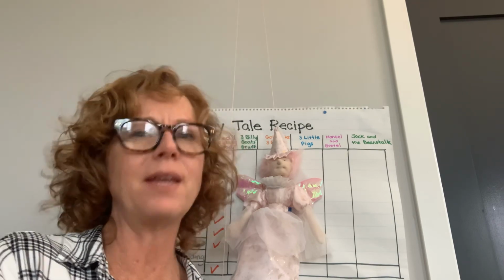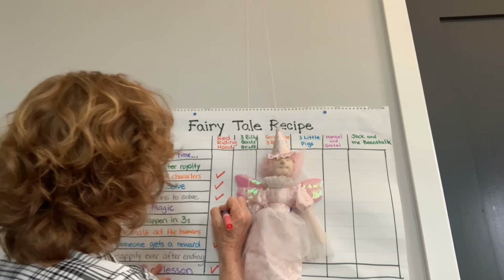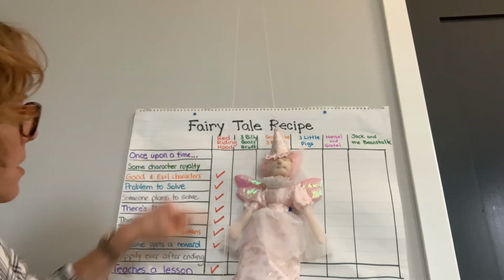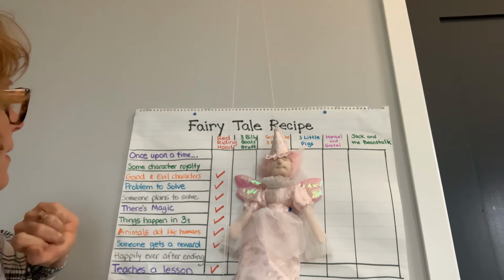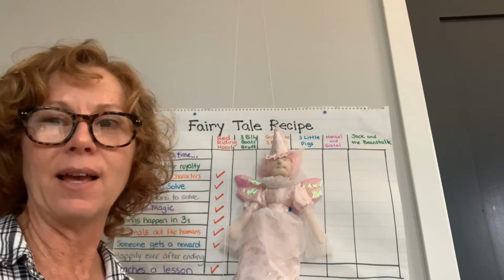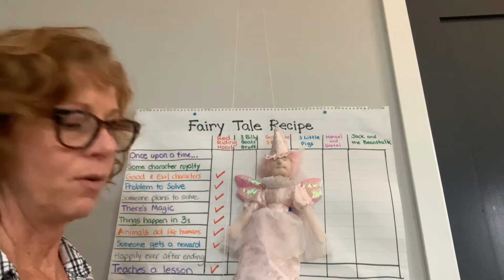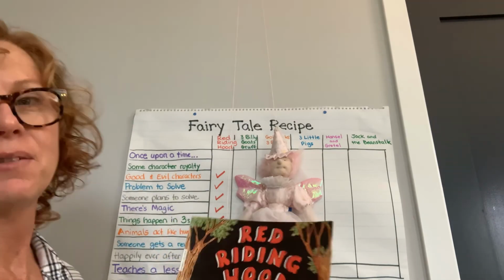So I do think that there is magic. So there's 1, 2, 3, 4, 5, 6, 7, 8. So 8 out of the 11 ingredients Red Riding Hood had of the fairy tale recipe.